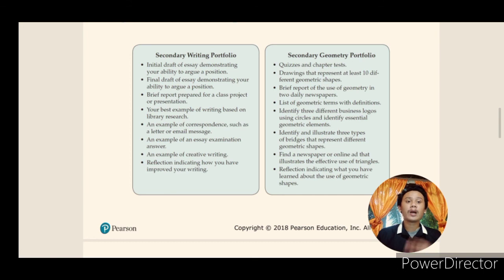So these are the 2 examples of students' portfolios.